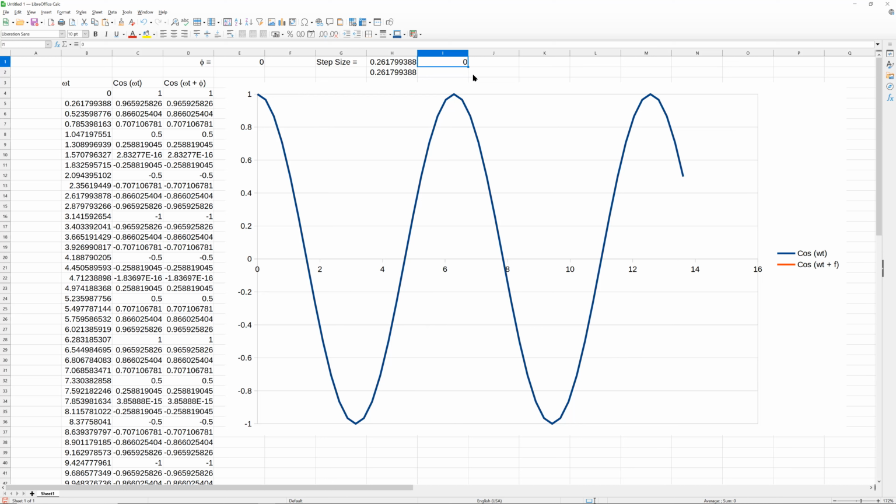If I just put in a step size of pi over 12, so I make the phase constant equal to that, I don't know if you can see my cursor or not. I wonder if I could draw on here. Never tried this.